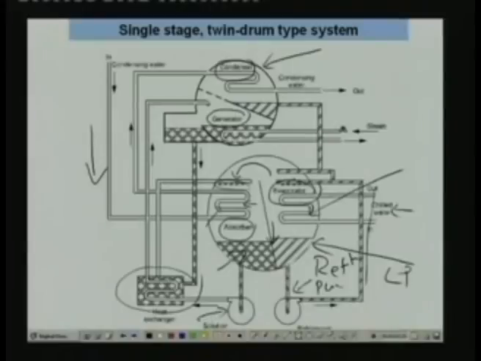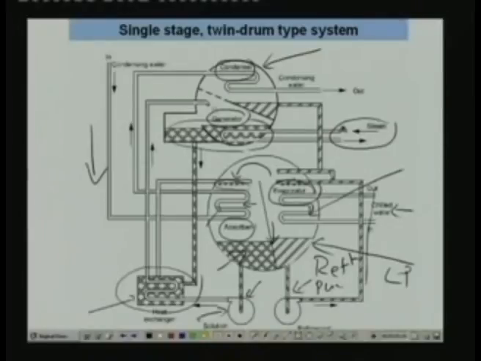This weak solution is pumped by this solution pump through the solution heat exchanger, where it becomes hot, and it is sent to the generator. In the generator it forms a pool of dilute solution, and the heater coil, typically a steam tube, is immersed in this solution pool and heat is supplied.